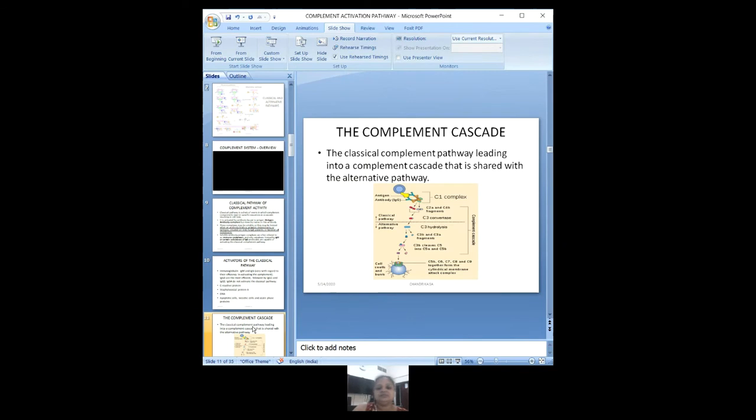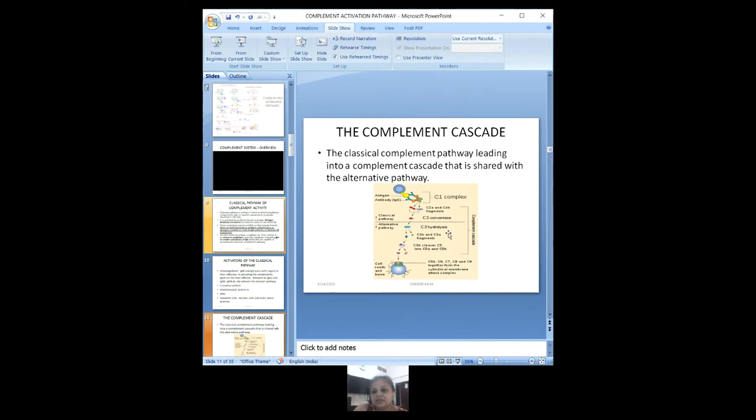Here you can see the overall complement cascade. As I have told you in the introduction, the complement system is a cascade of enzymes, basically proteases, that keep on either activating or breaking down other enzymes, and ultimately they produce C3 convertase.